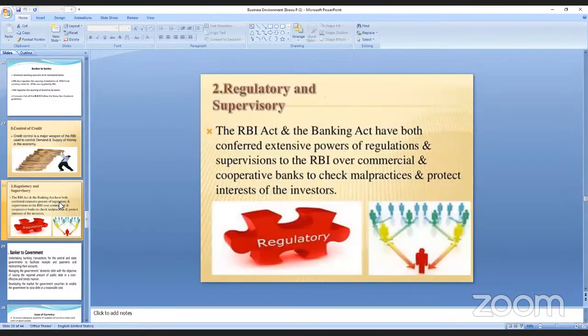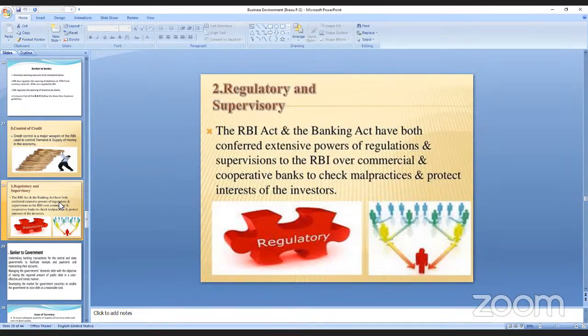Next is regulatory and supervisory. The RBI is conferred with regulatory powers, and the Banking Act has conferred extensive powers of regulation. The RBI will always supervise the smaller banks. Is it clear?